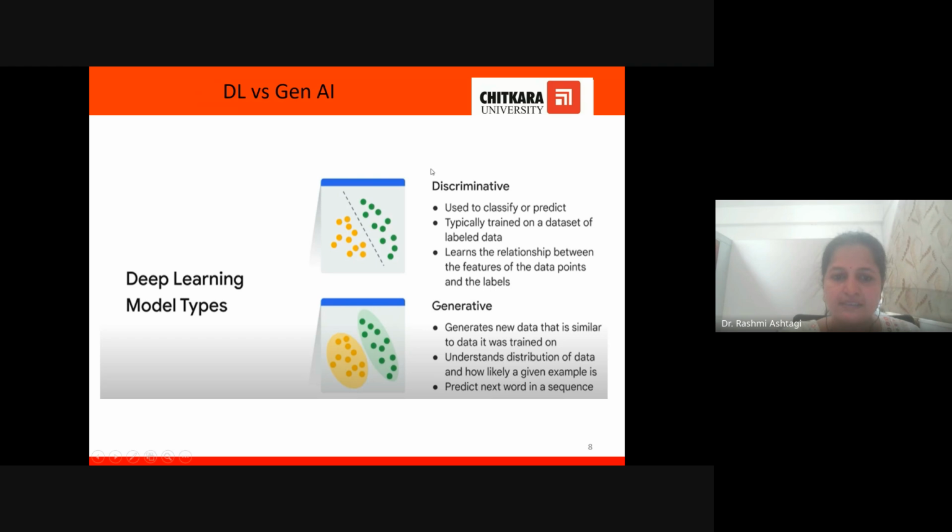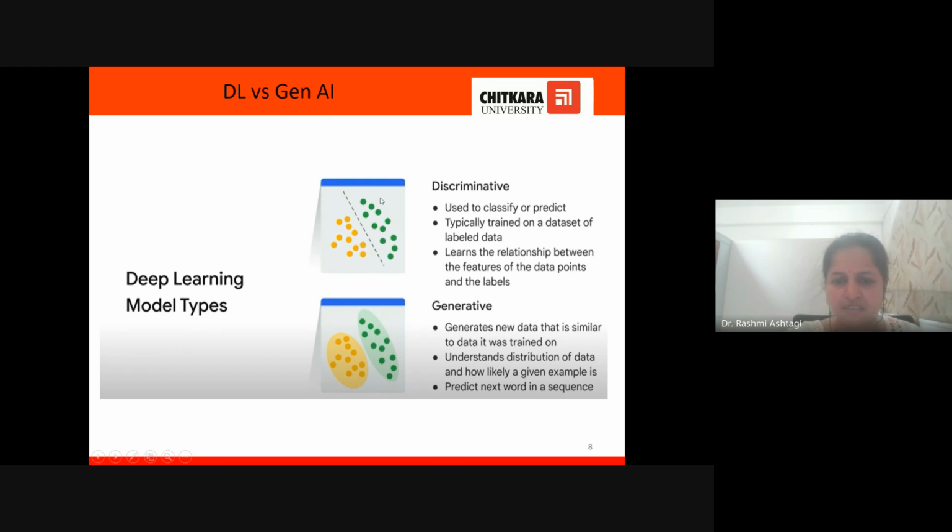Now see that very basic thing. What is the difference between ML or DL versus generative AI? One is discriminative and the other is generative. Discriminative means everything is available with us. We have these points, and we are just identifying which particular class each lies in.